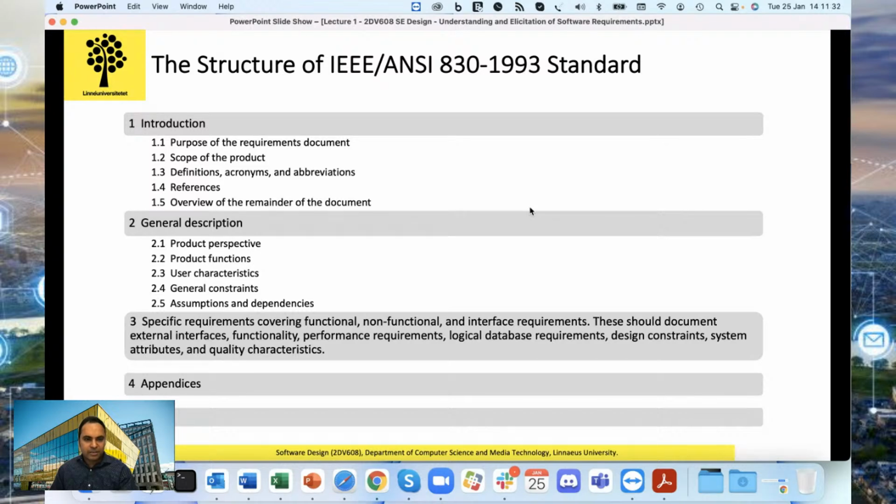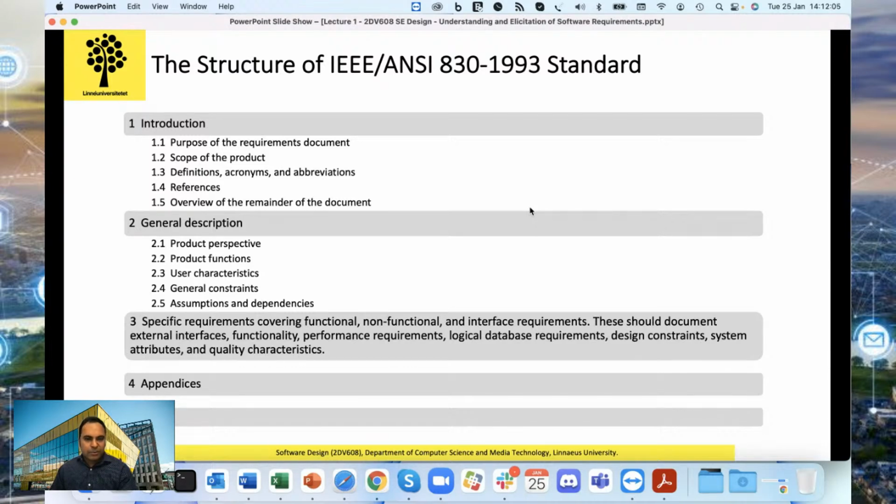In the second part, you mostly focus on the product. What are the product functions? Those are basically high level user requirements. Your user characteristics, so mostly about your stakeholders, and some constraints, and any assumptions and so on. Those general constraints can be development constraints or constraints about the system also.